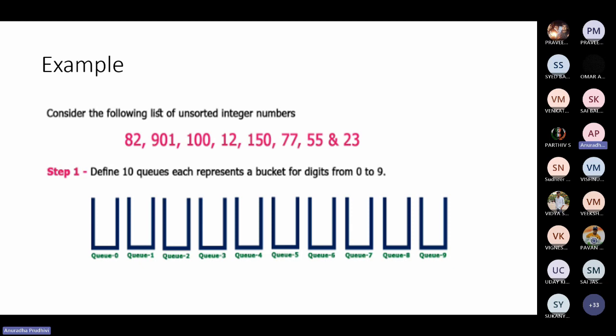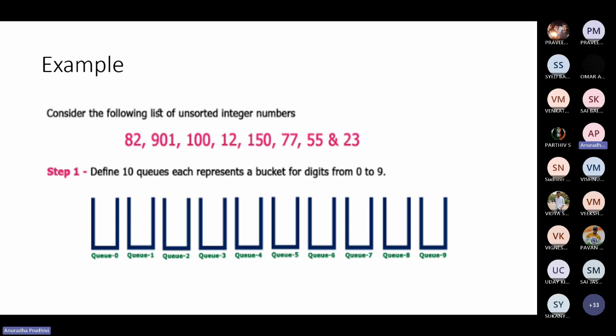One is by using queues. We consider the digits 0 to 9, so totally 10 queues we need to take, and based on that index we have to store.